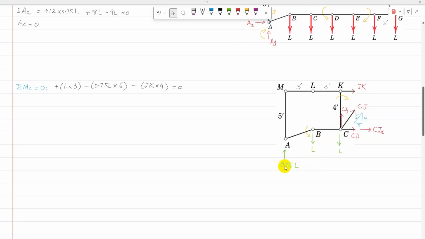And then the next one is 0.75 L, whose line of action is there, and it is going to produce a moment in clockwise direction.